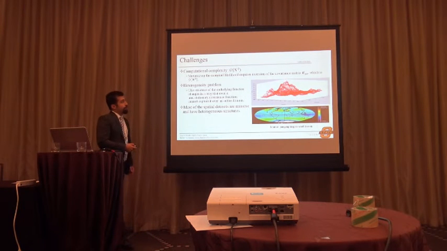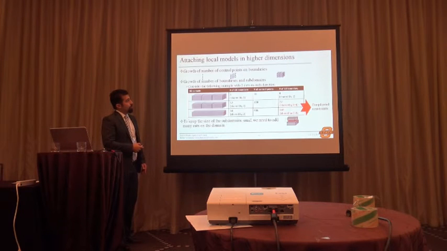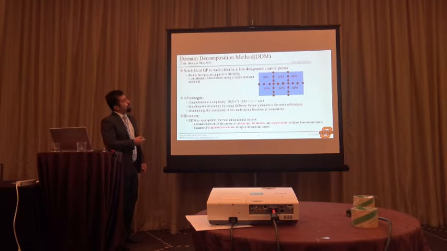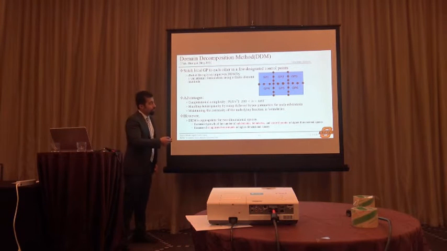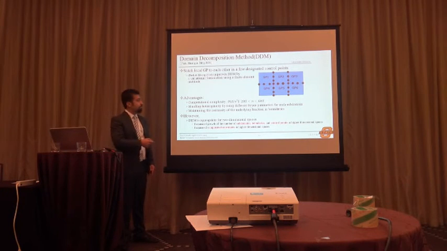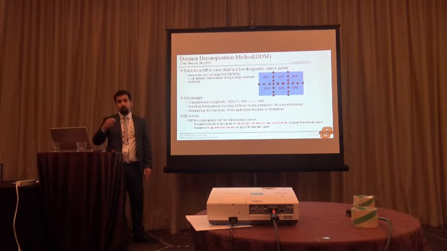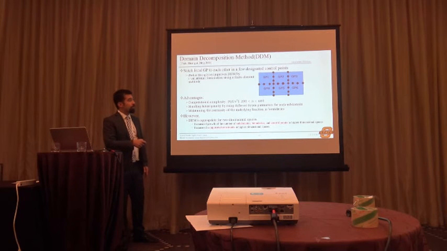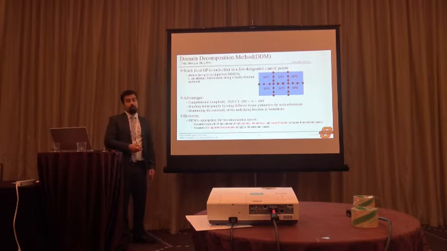And for exogenous variables, I mentioned that the domain decomposition method can handle this heterogeneity problem and speed up the Gaussian process, as well as preserve the continuity of the underlying function. But it is only efficient for two-dimensional spaces.